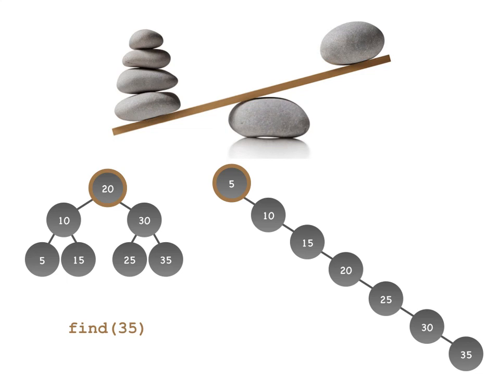In both cases, 35 is greater, so I go to the right. Once again, in both cases, 35 is greater, so I go to the right. I compare again. In the case of the balanced search tree, we've found the number, we're finished. On the right side, however, we're not done. 35 is greater than 15, so we keep going. Once again, 35 is greater, so we go to the right again, and again, until we finally find 35 in the right binary search tree.